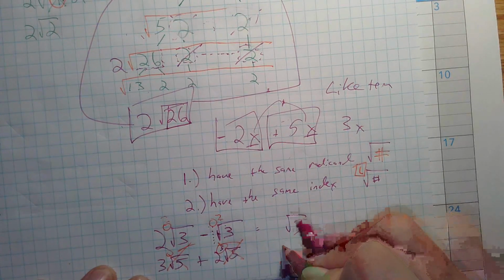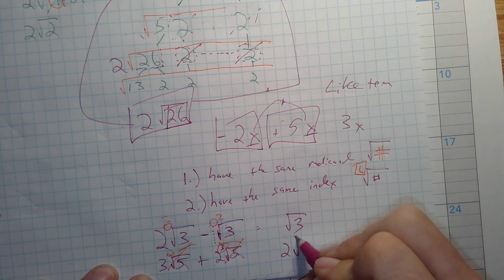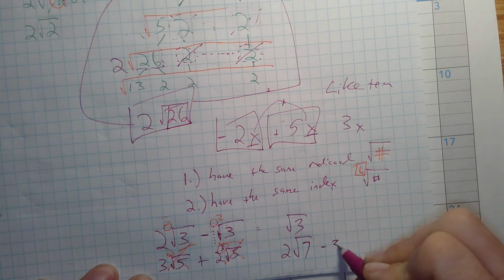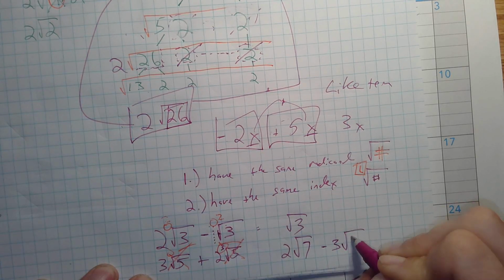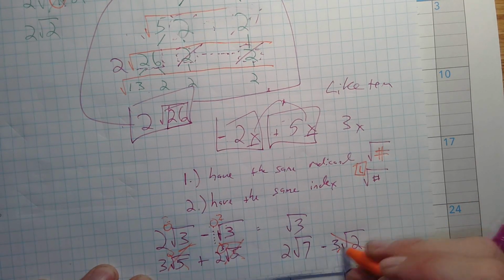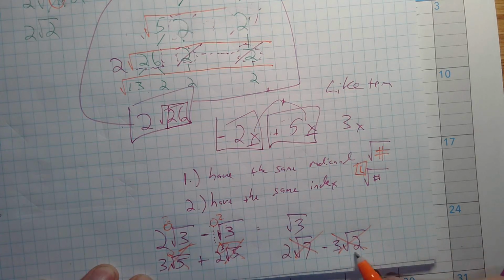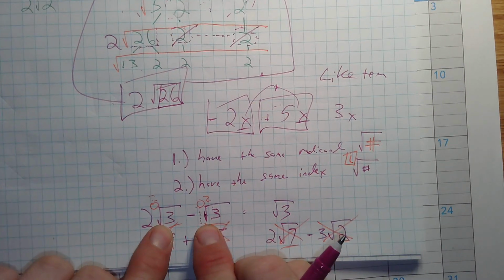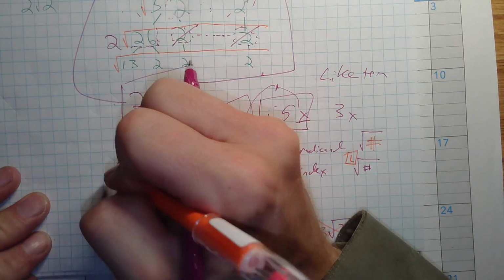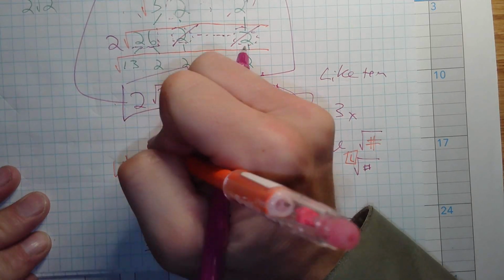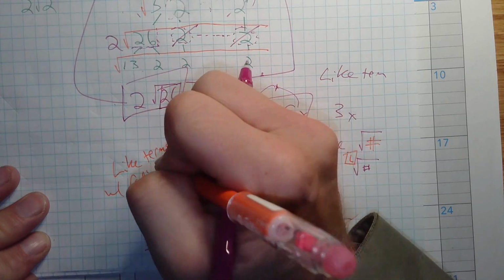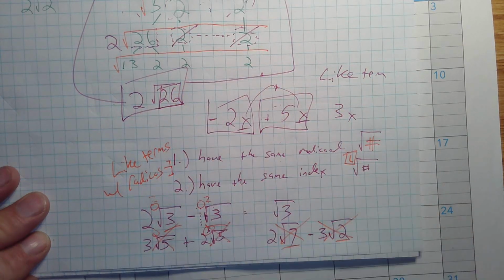If I had 2 square root of 7 minus 3 square root of 2, I cannot combine those because they have different radicands. So that's how you do that. They have to be like terms, and with radicals, these requirements must be met.